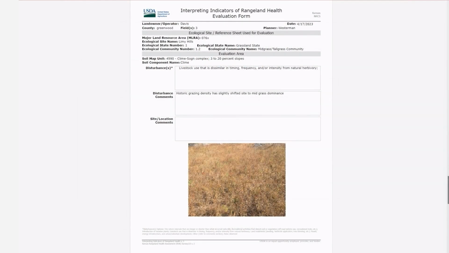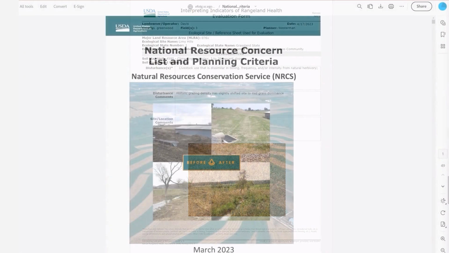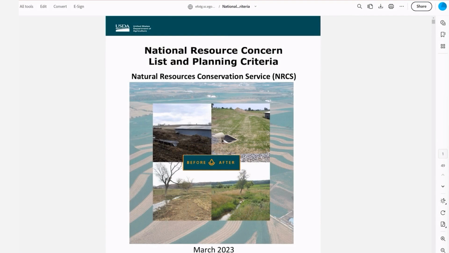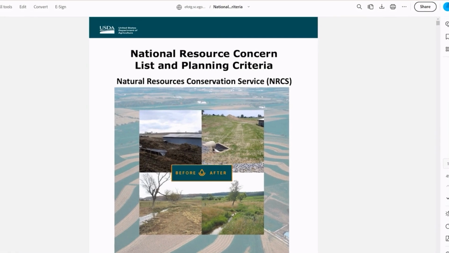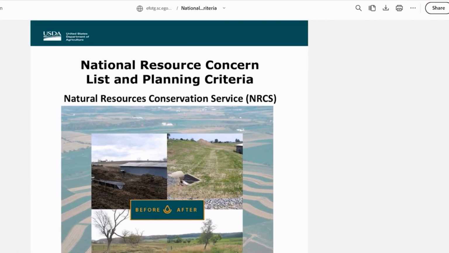On the next page is the Interpreting Indicators of Rangeland Health Evaluation form. Luke used this form to document benchmark conditions for native rangeland. Luke knew to use this tool because he reviewed the National Resource Concern List and Planning Criteria document, shown here. He pressed Ctrl+F on his keyboard and typed in the resource concern, plant pest pressure.